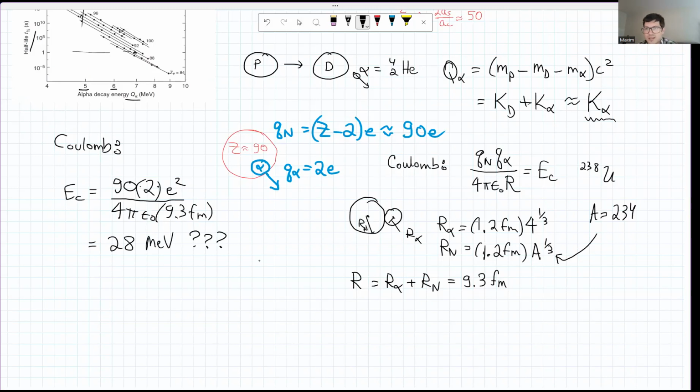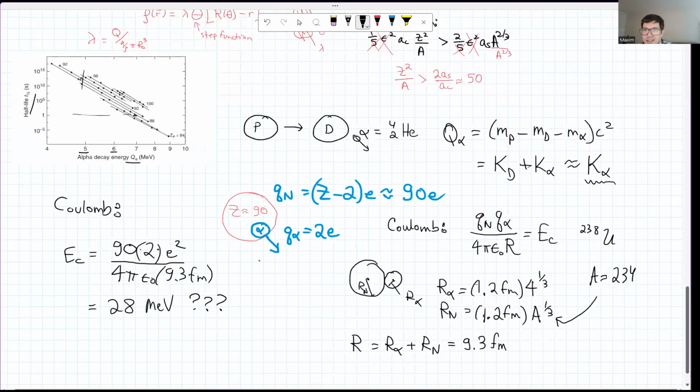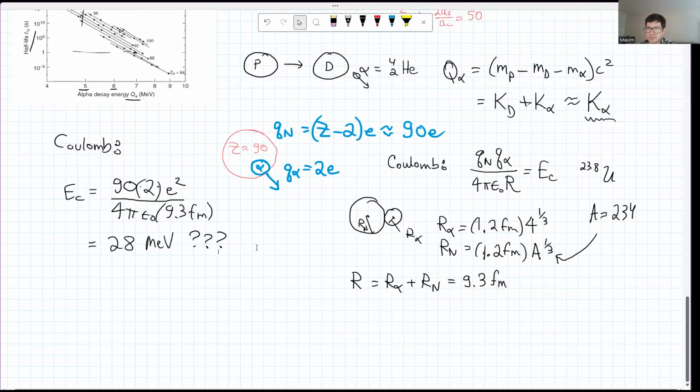And that's crazy, because what gives? How do we get 5 MeV if the Coulomb interaction alone is at a scale of like 30 MeV? You'd expect much higher energy for the alpha particle if it just appeared there.